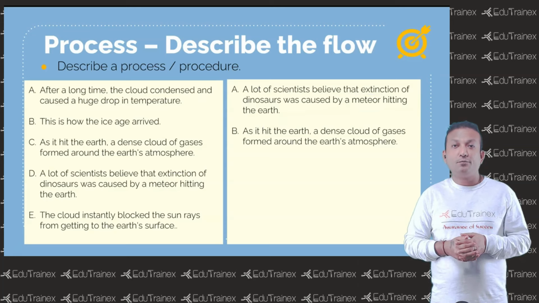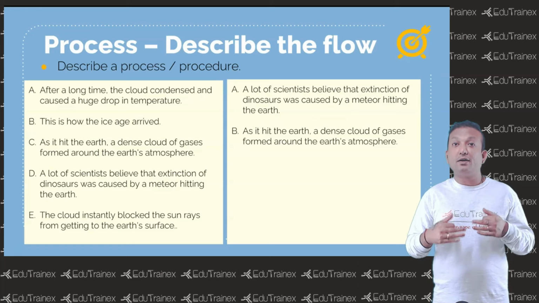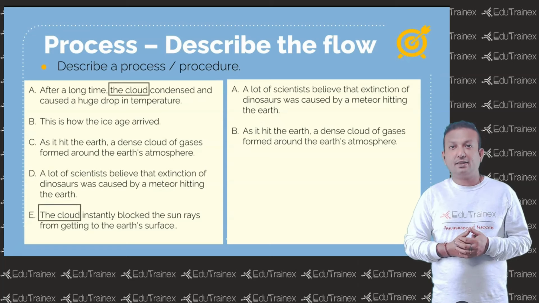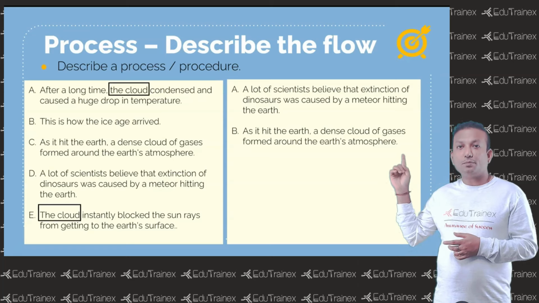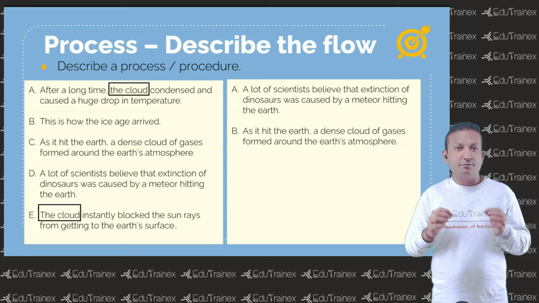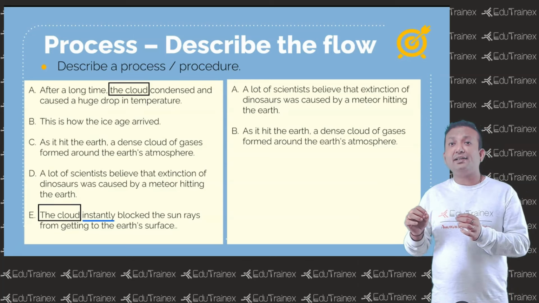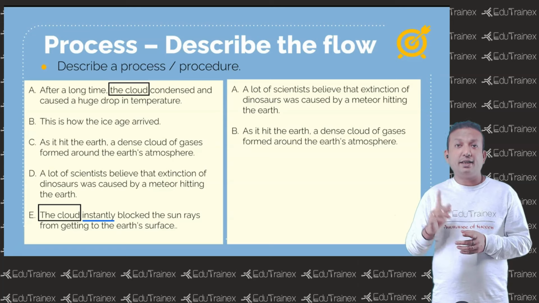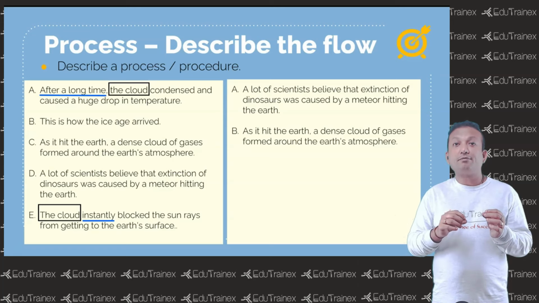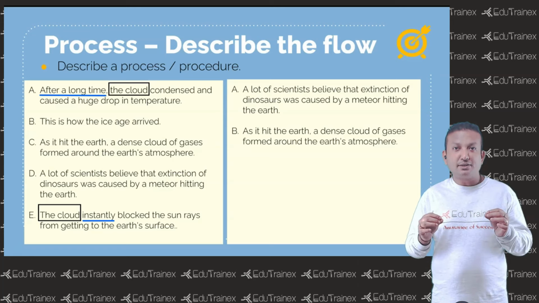So now we are going to use the relation a cloud and the cloud to find our third sentence. If you look closely, both option E and A have the cloud in them. But if you read it deeply, E talks about the cloud instantly blocked the sun, and option A talks about after a long time the cloud condensed. So just use your common sense here.